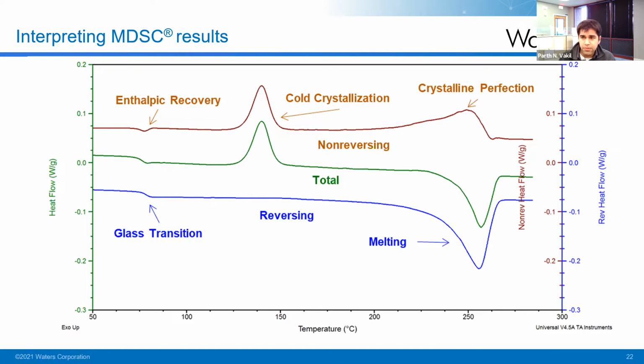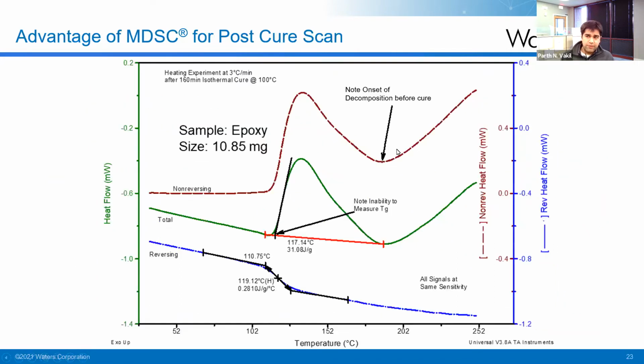An example of modulated DSC that I have time to show you in this talk is, again, an epoxy sample. If we ran a regular DSC run, you would see that the total heat flow looks like this. You just have a flat line followed by an exotherm related to the cure, and then an exotherm related to potentially decomposition of this epoxy.